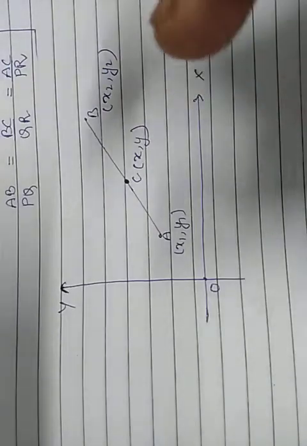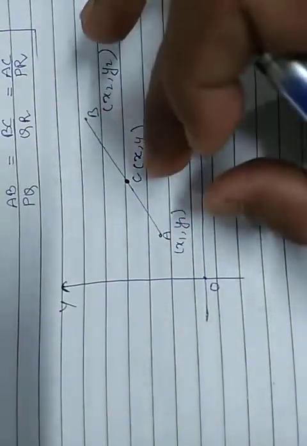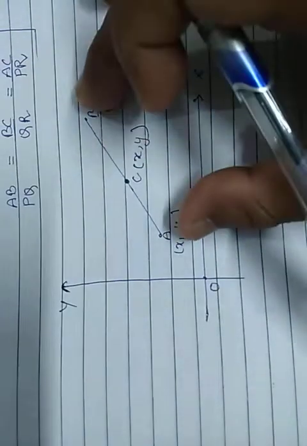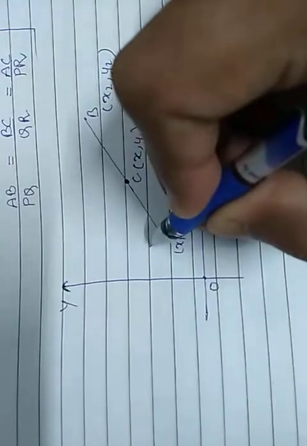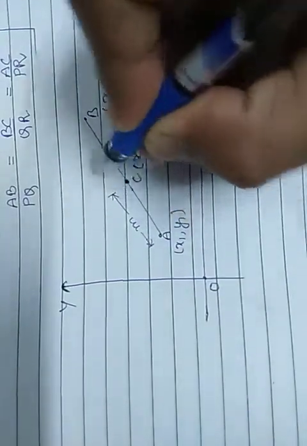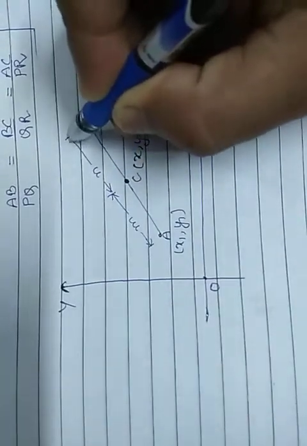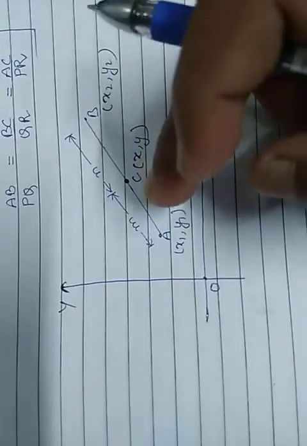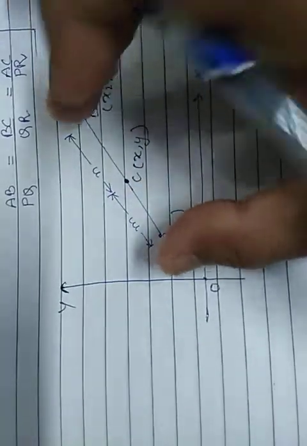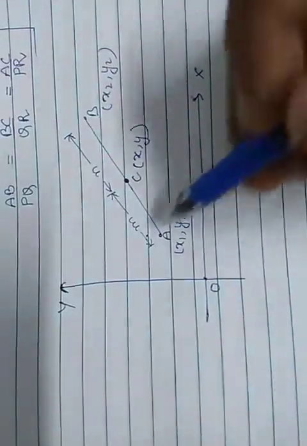Now according to section formula, we have a line AB that is divided by a point C in a certain ratio. Certain ratio means that this part is m and this part is n. Not exactly m and n, it is in the ratio m to n. So here we can consider that it is equal to m, and here let it be equal to n.